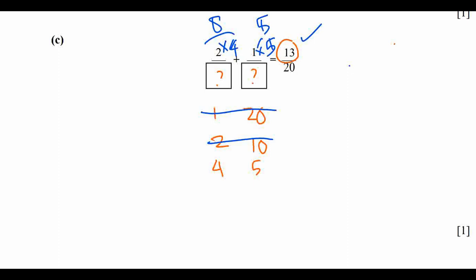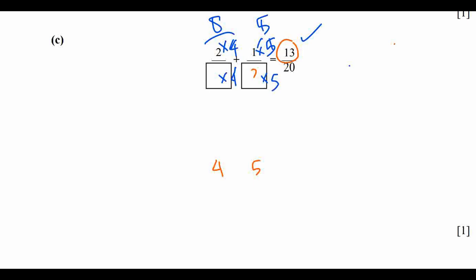That's what we want. So we have to times the top number 2 with 4, and the other top number 1 with 5. It means if we times 2 with 4, the denominator must be a 5, and this 1 has to times with 5.